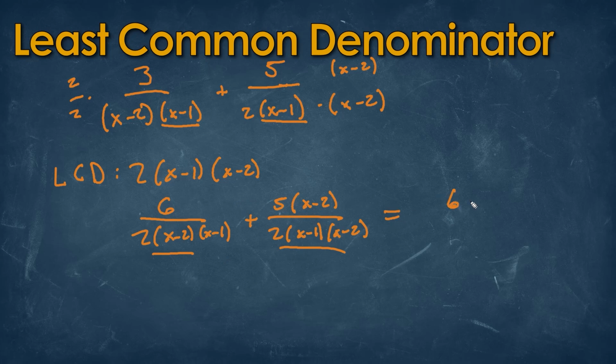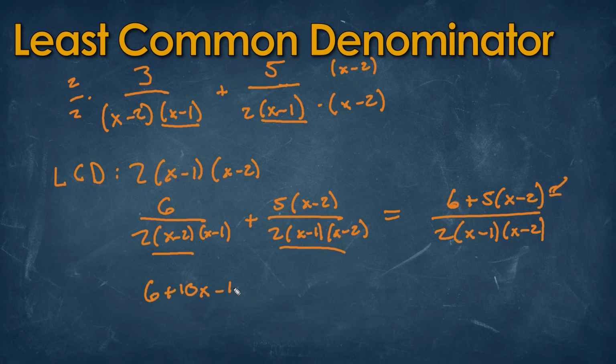So we get 6 plus 5 times x minus 2 over 2 times x minus 1 times x minus 2. We would need to simplify everything out on the top here. That's going to give us 6 plus 10x minus 10, which would simplify to 10x minus 4. All over our denominator now.